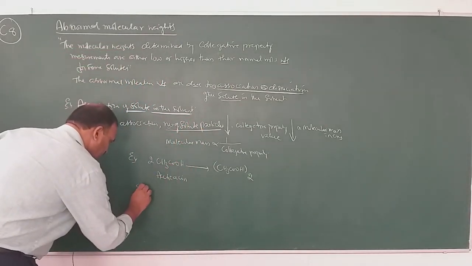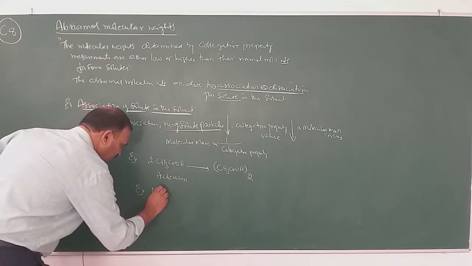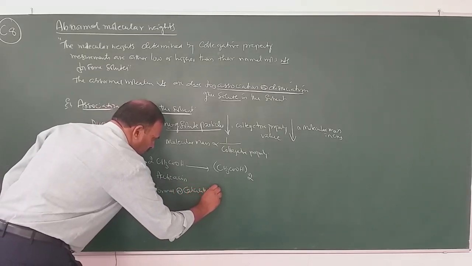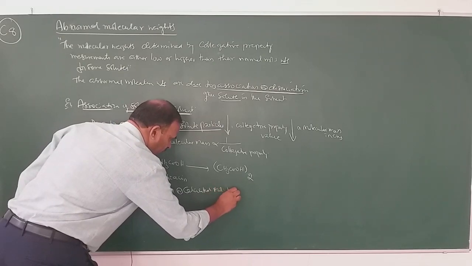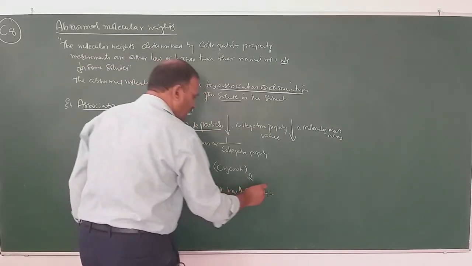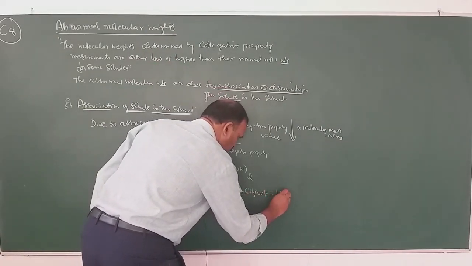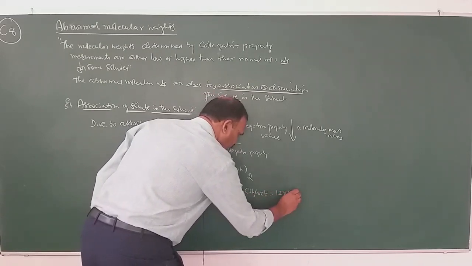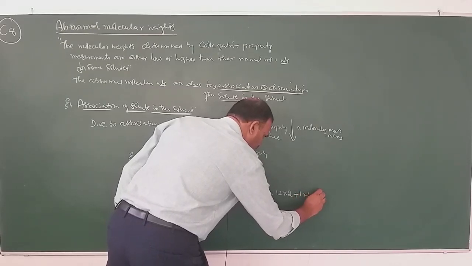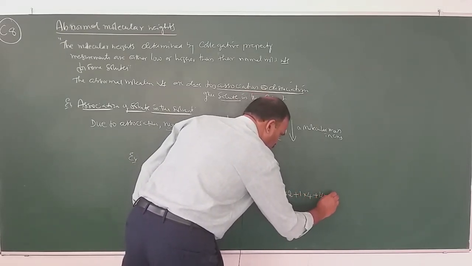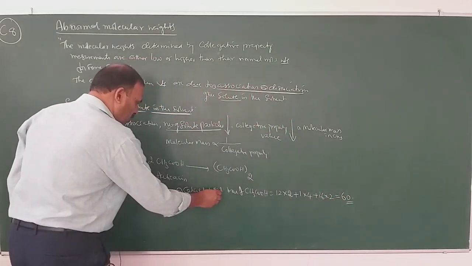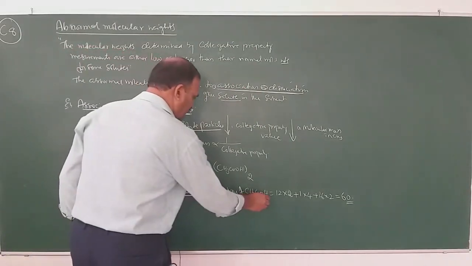For example, what is the normal molecular weight of acetic acid? The normal or calculated molecular mass of CH3COOH is equal to carbon atomic mass, 12 into 2 carbon atoms, plus atomic weight of hydrogen, 1 into 4 hydrogen atoms, plus atomic weight of oxygen, 16 into 2. Totally you will get 60. So 60 is the normal or calculated molecular mass of acetic acid.